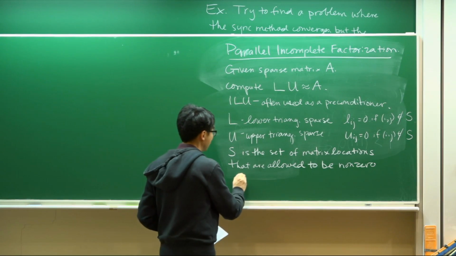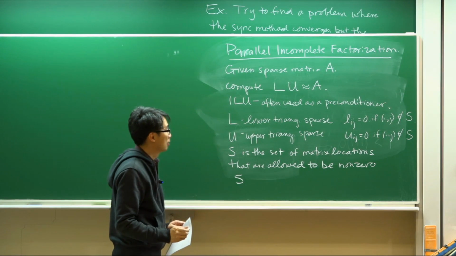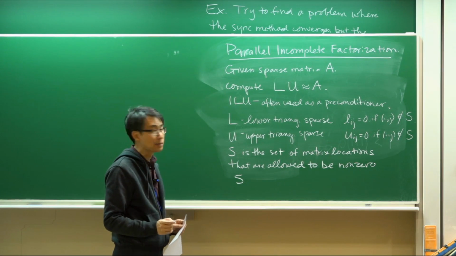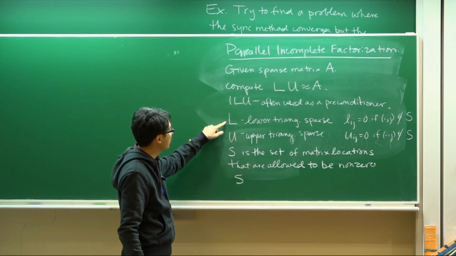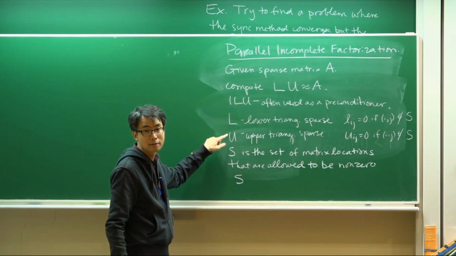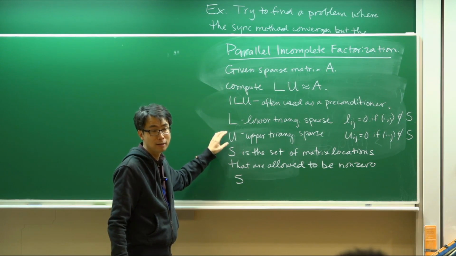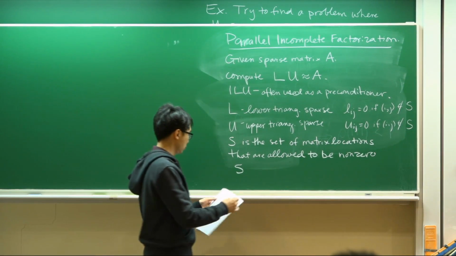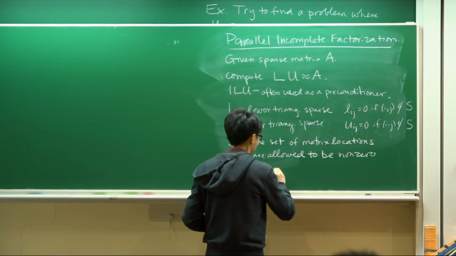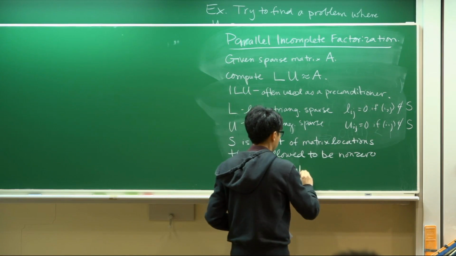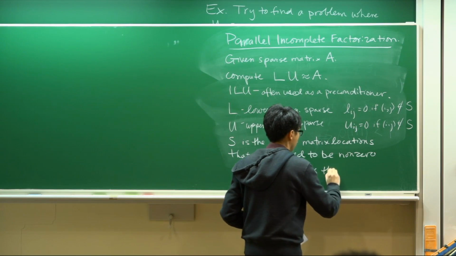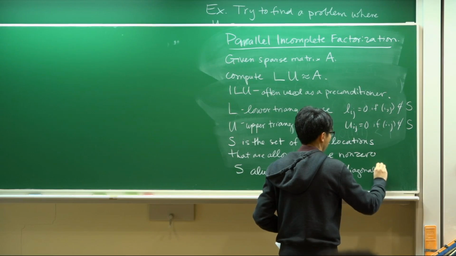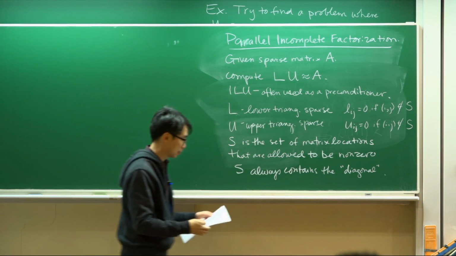And S always contains the diagonal elements, and that's because we always want the diagonal elements of L and U to be non-zero. If they were 0, then these factors would be singular. So S always contains the, I'm going to put diagonal in quotes because I haven't really defined it rigorously.